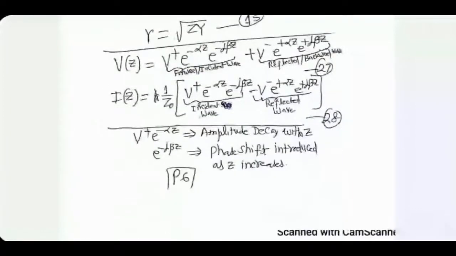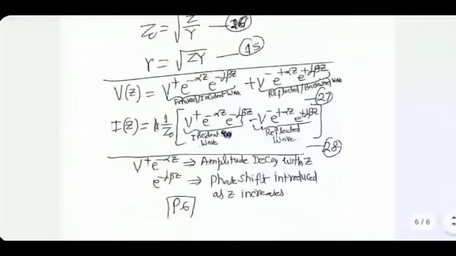In the Vz equation on the right hand side, in the first term, you see that gamma is alpha plus j beta. So you get V plus multiplied by e to the power minus alpha z, assuming that V plus is a real number. If it is not, then also nothing will change much. So e to the power minus alpha z is a purely decaying term with z.